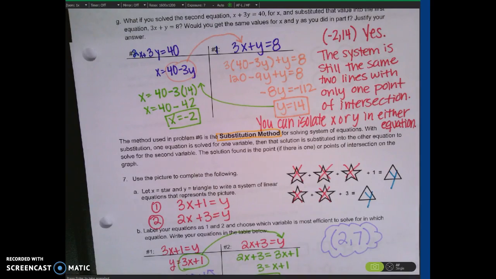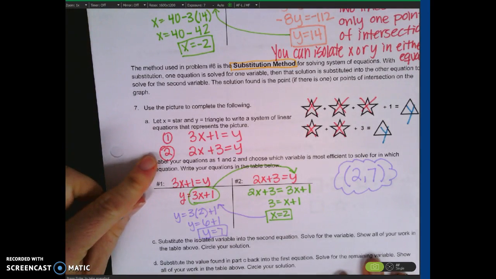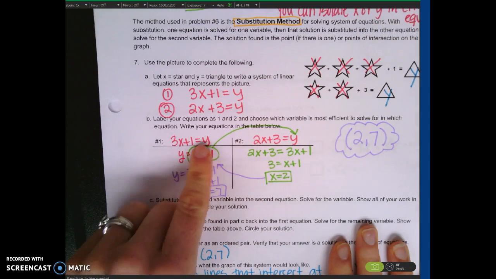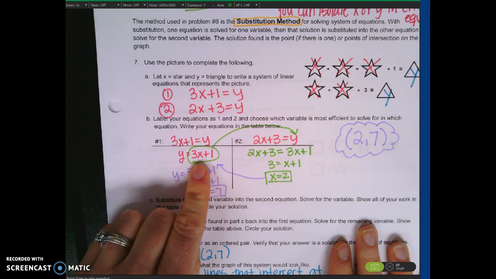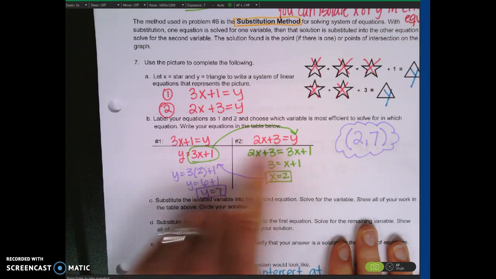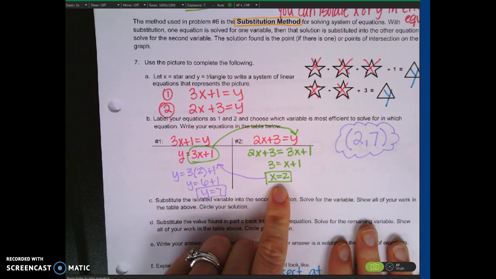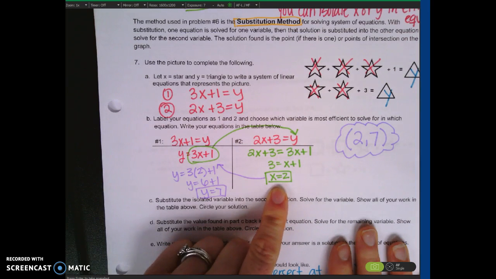Looking at page 17, the substitution method that we learned last class. Remember, we want to be numbering our equations, deciding which variable we want to isolate in which equation, writing those in a t-table, isolating one equation, substituting that value into the variable to create one equation with one unknown, solve for that one unknown, and then we're not done because remember, a solution to a system is a point of intersection, not just one variable.